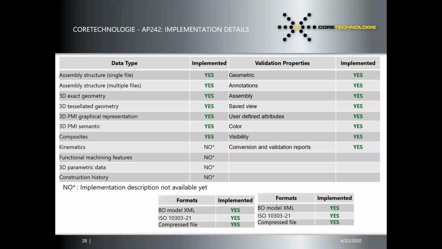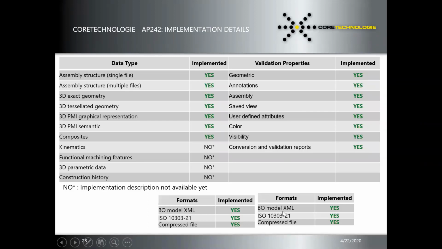So this is a list of some of the properties that are written based on the long-term data retention requirements and then absorbed downstream for the validation checks. From a validation standpoint, when you're confirming all the information is properly stored, we can check the geometry, annotations, assembly, saved views, which could be a big one when you're dealing with 3D geometry versus 2D, user-defined attributes, color, visibility, and a report to say that the conversion was successfully done.